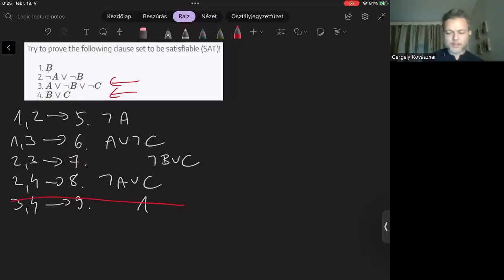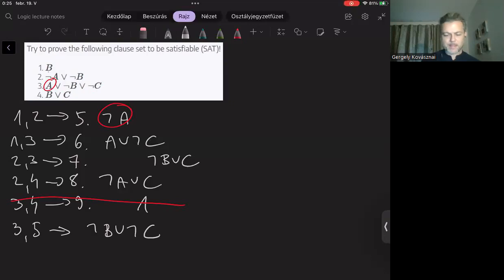Okay, let's keep going. Let's pick clauses number 3 and 5. So in this case, we are going to eliminate those two literals, and the resolvent is going to be not B or not C. Not B or not C. I made a mistake before.